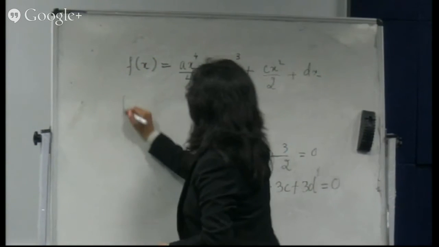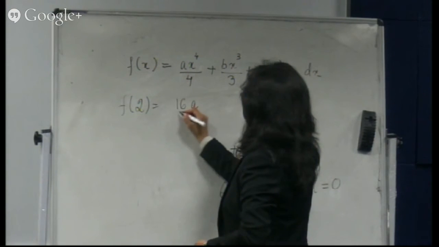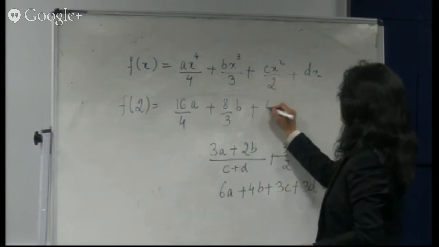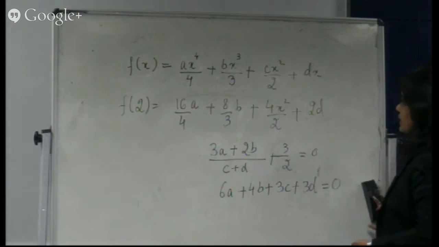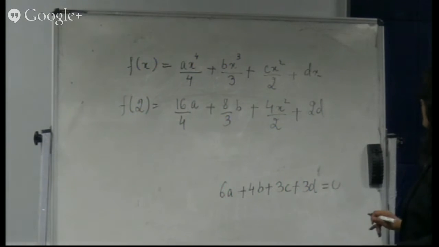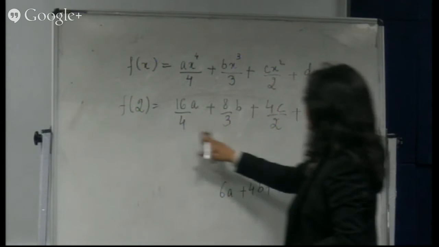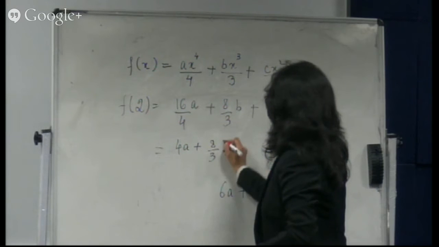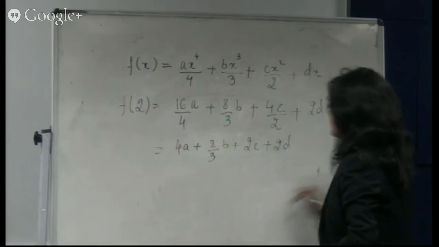So f of 2 is 16a/4 plus 8b/3 plus 4c/2 plus 2d. Okay, so this is 4a plus 8b/3 plus 2c plus 2d. Then you take the LCM.